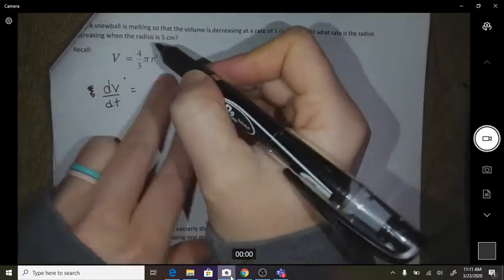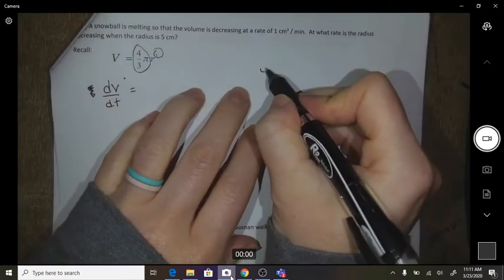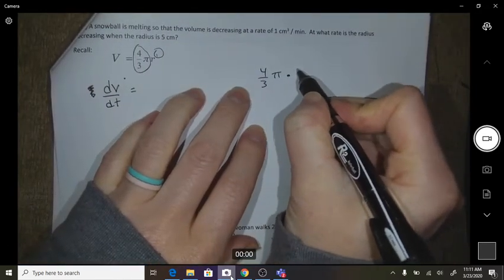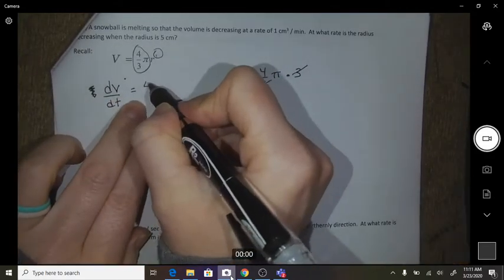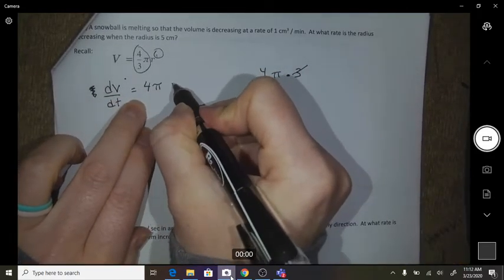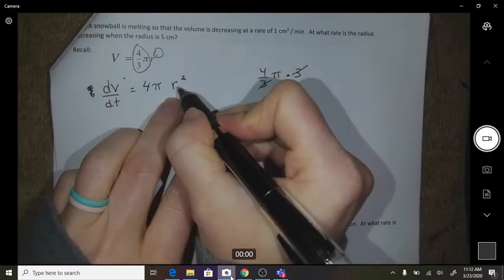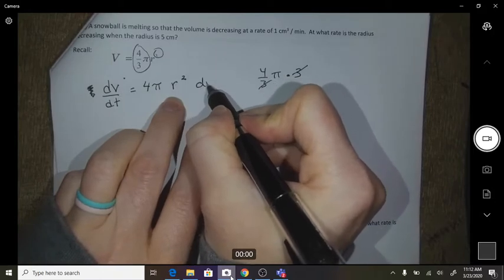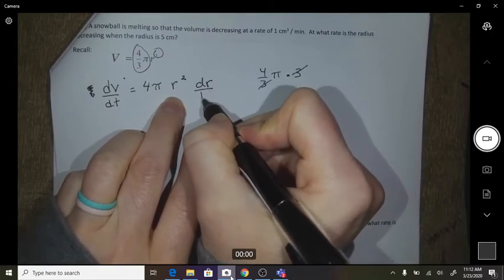Okay, so let's think about this. This is going to be the coefficient times the exponent. So what is 4/3 pi times a 3? You can see the 3's would cancel, and I would just get 4 pi, and then r, and then down. But I have now differentiated something with respect to r, so I still have to times it by the implicit piece, change of radius with respect to time.